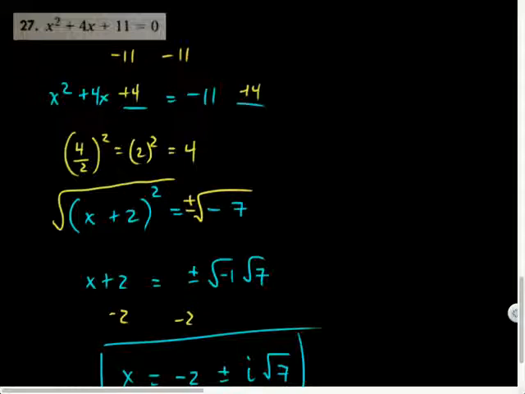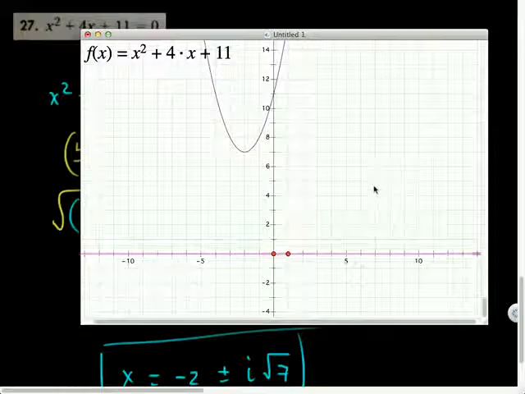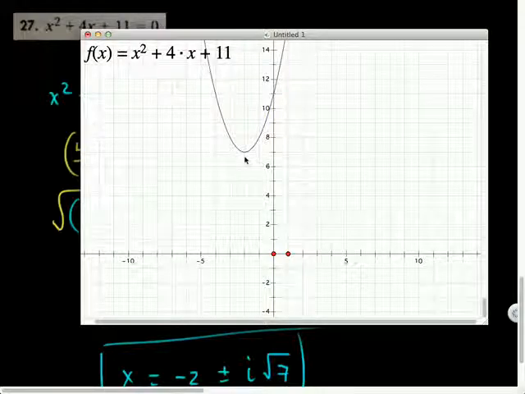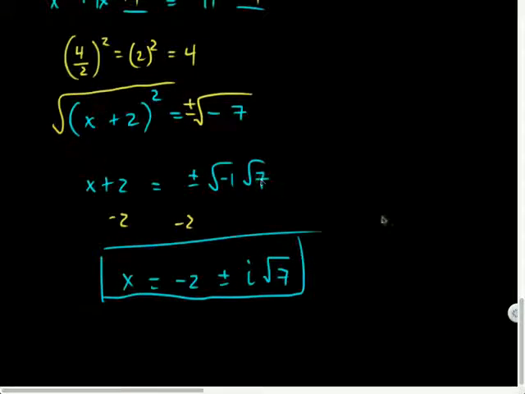If I was to graph this, there we are. This is what the graph would look like. Notice that there are no x-intercepts, none, because it's opening upwards and its k-value was positive, so it's just never ever going to cross the x-axis, which is why the solutions of this are imaginary.